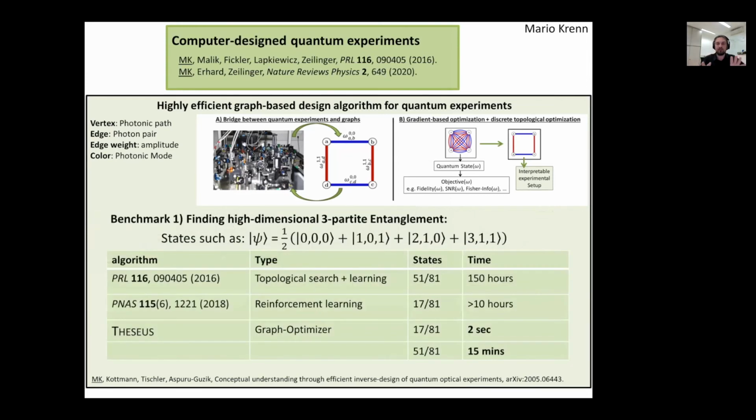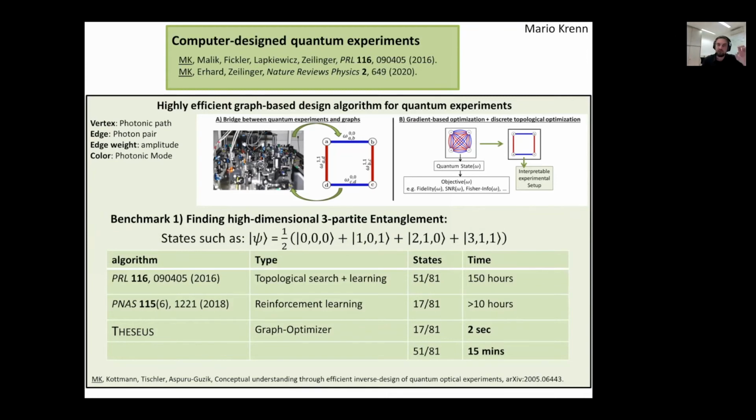So let me briefly show how this algorithm performs in a number of benchmarks. In the first benchmark, we task the algorithm to find a number of free-particle high-dimensional states. We restrict the state space in such a way that we know that there are exactly 81 solutions possible.